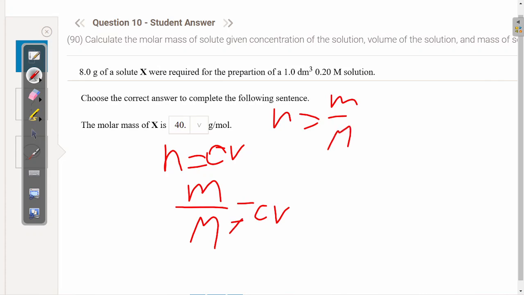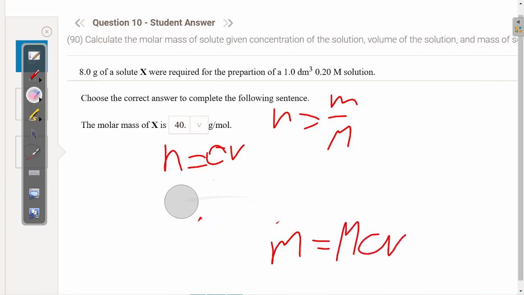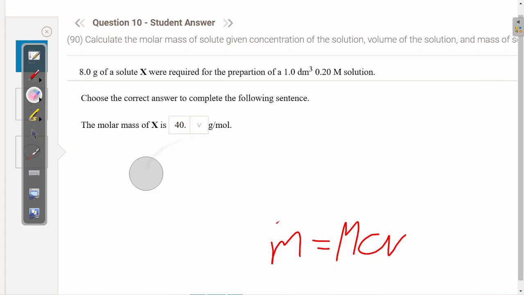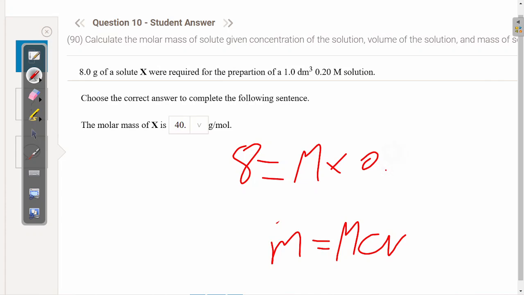Now if you move the molar mass there, you get mass equals molar mass times CV. This is a rule you should memorize. So 8 grams equals molar mass, which we're trying to find, times 0.2 times 1. You'll get 8 over 0.2, which is 40.